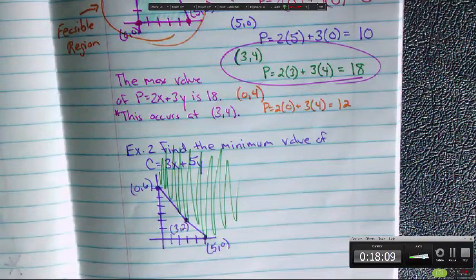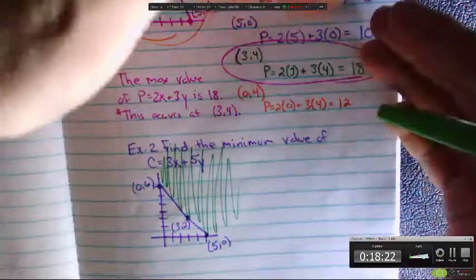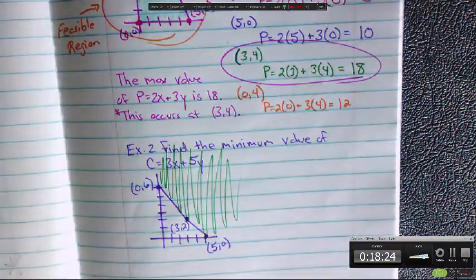Okay, so it could go on forever. So our geometrical figure is technically going on forever this direction. And so it's an infinite size feasible region. So our feasible region is an infinite area. It goes on forever. But we still have 3 vertices.